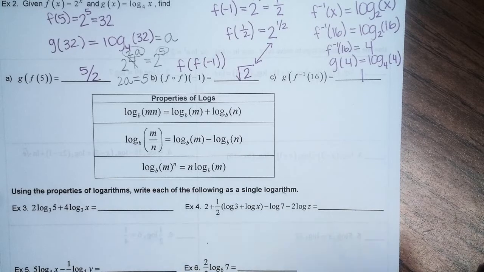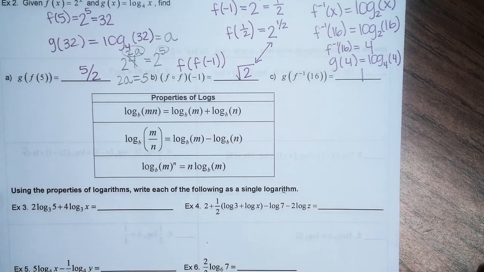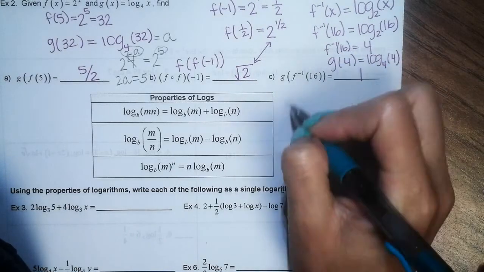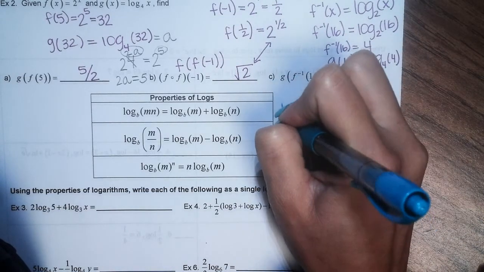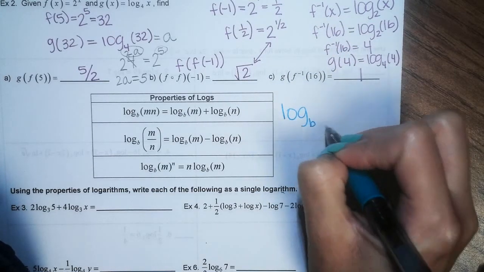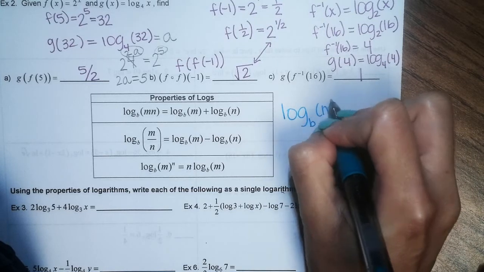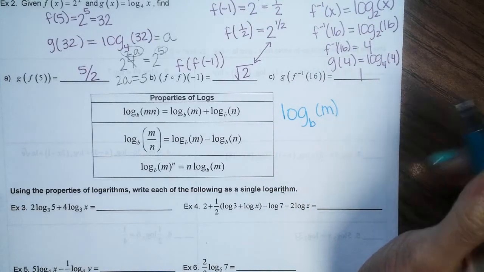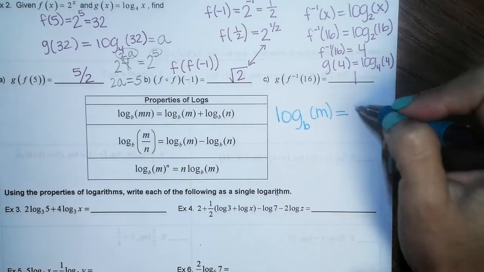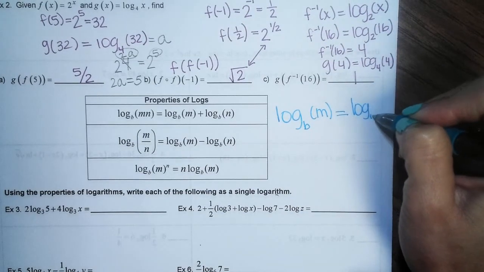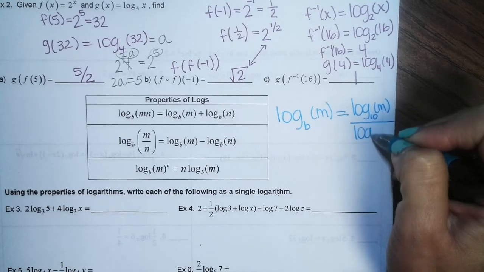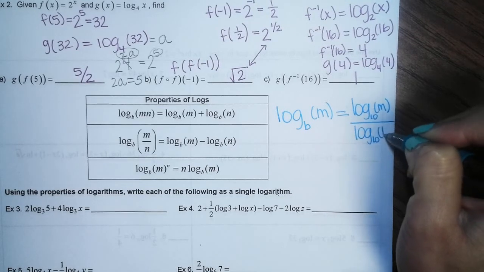And then the last property that I forgot to write on here, that you do need to know because it's on your homework tonight, is when you have a log base b of m, that is also equivalent to the log base 10 of m divided by the log base 10 of b.